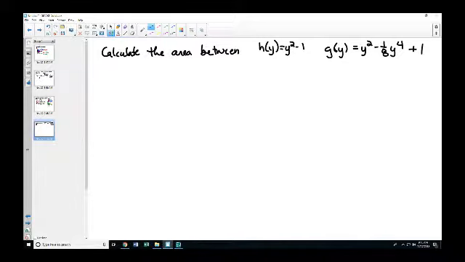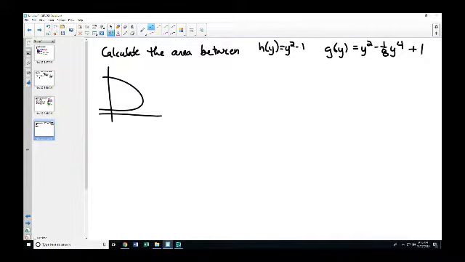Okay, what do we do first? Figure out which one's on top? Which is g of y? What do you notice about that? You don't have limits in terms of y. That means, if you have functions that are in terms of y, they're left and right.